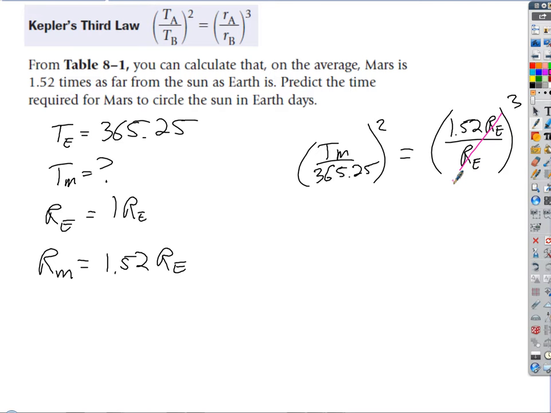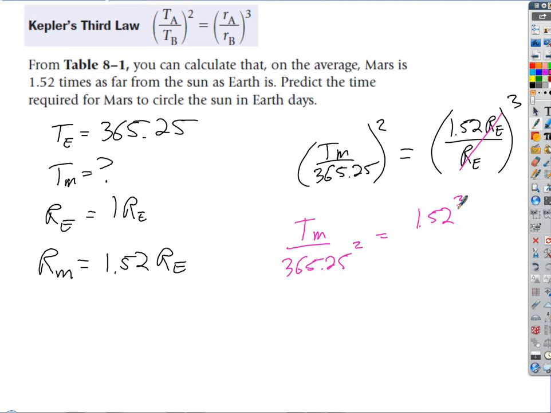So how would I solve this then? Cube the 1.52. I'm going to cube that. And then I'm going to square these, right? Do you agree? Okay, so I'm going to get T sub m divided by 365.25 squared equals 1.52 cubed, right?